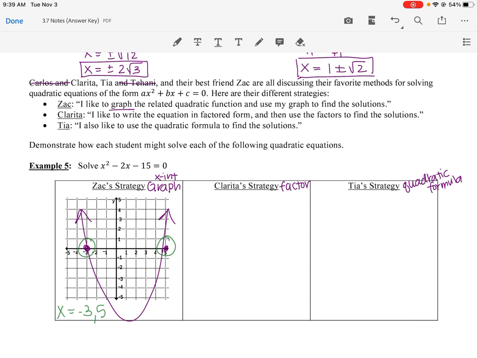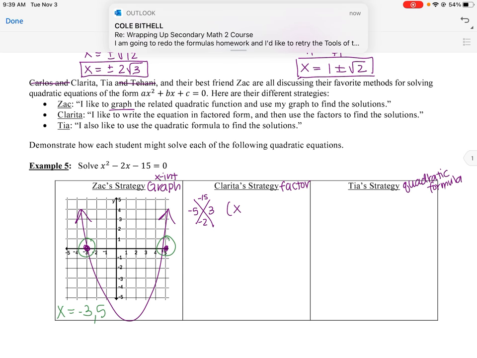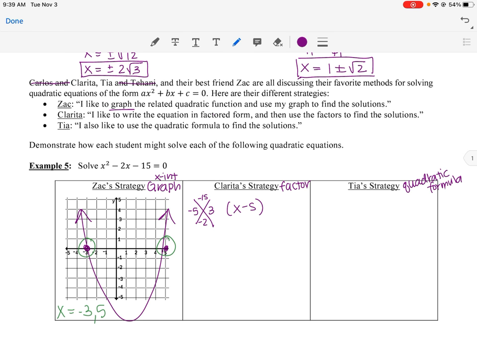Now let's go to Clarita's method, which she said is factoring. So we're looking for what multiplies to -15 and adds to -2. The factors here are -5 and +3. And in this case, we can use the shortcut. So we can do x minus 5 and x plus 3 equals 0.